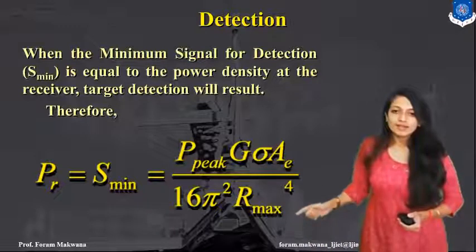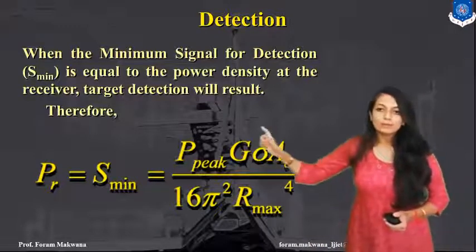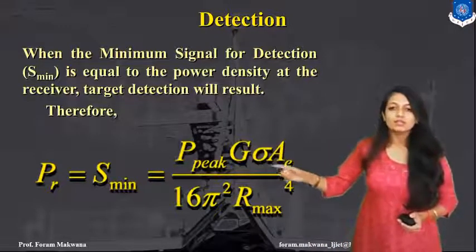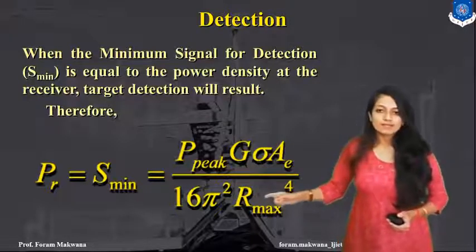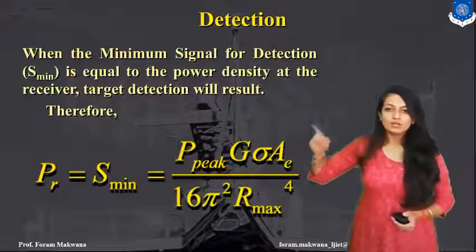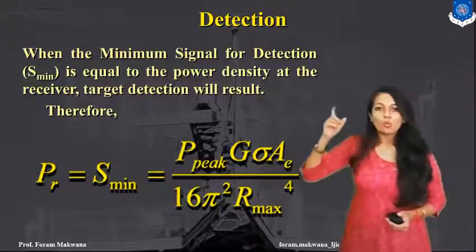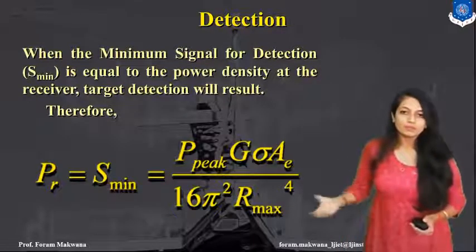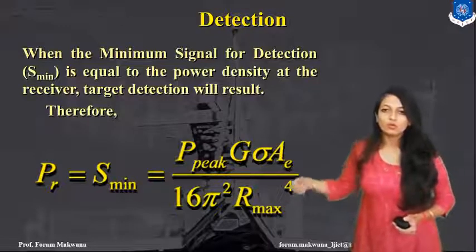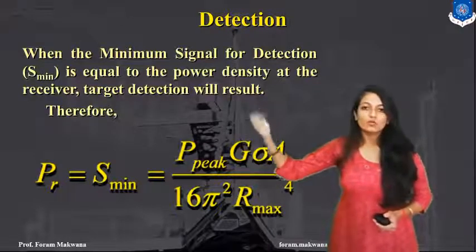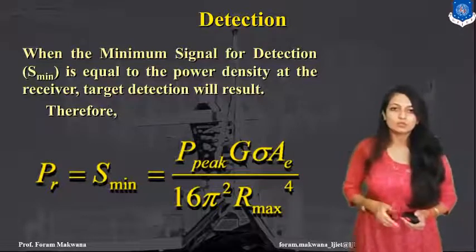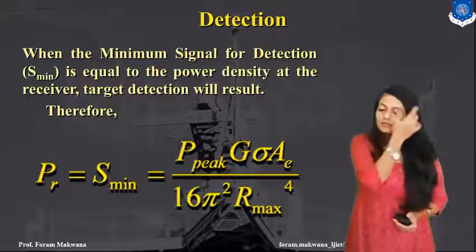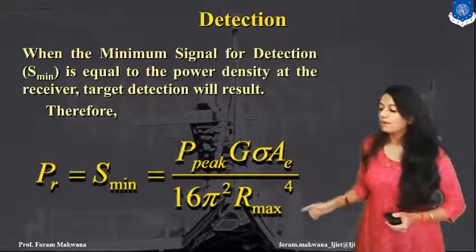We can say that R max is equal to P peak into G into sigma into A upon 16 pi square S min, raised to 1 by 4, because R max raised to 4 goes to the other side and the 4 becomes 1 by 4 on the right hand side.